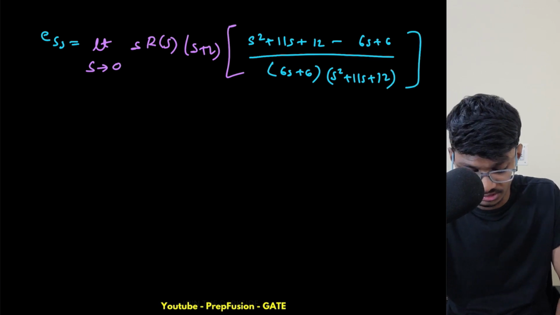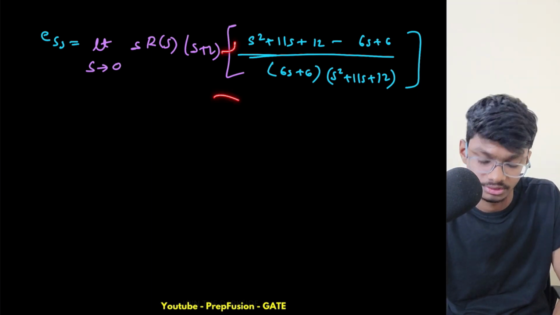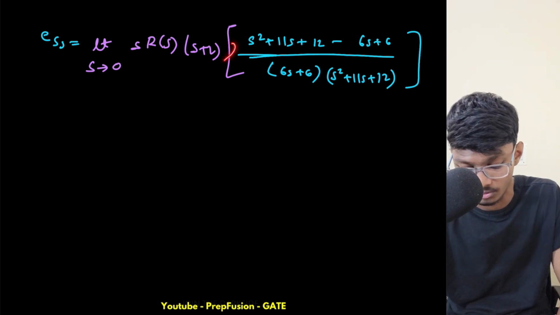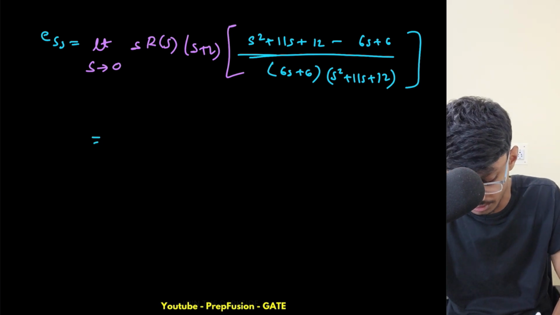Now I can put s equal to 0 because I can't take any s term common in the numerator or denominator. That's what I was waiting for, so I solved it until here. Now I can put s equal to 0 over here.